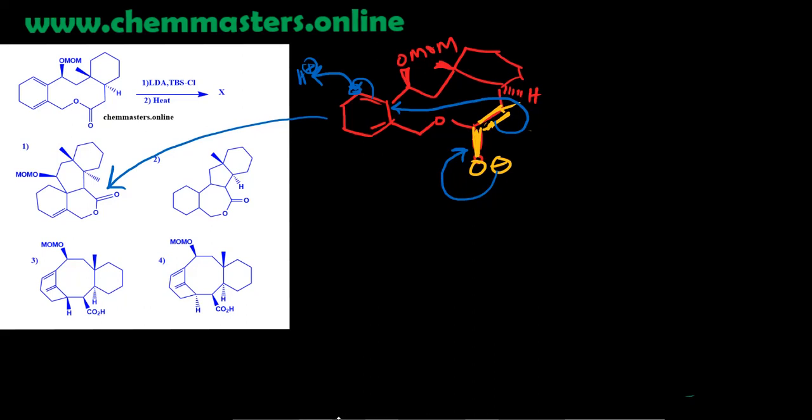Next, how is the second one going to be produced? Same, the enolate moves here and attacks here, and if the MOMO, that is the protected hydroxy group, is cleaved, then there is a possibility to produce the second one. But in reality, is it possible? No, because the hydroxy group is protected here with MOM, and it is not going to cleave like this.